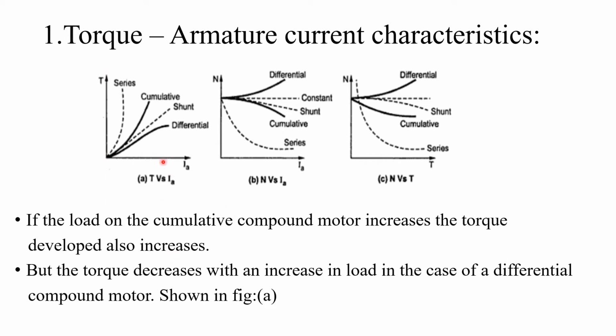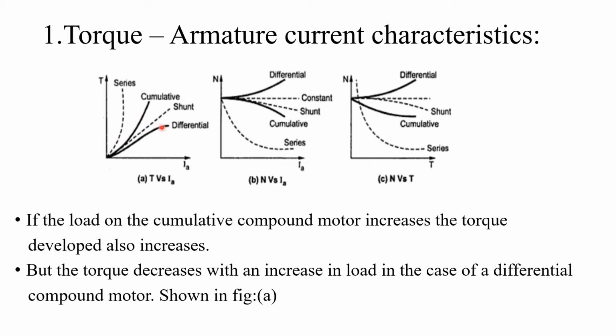Here you can see the graphical representation for this. We know that for cumulative compound motors, when the load on the motor increases, torque will also increase. In this figure you can see the torque versus armature current relationship of series, shunt and compound machines.